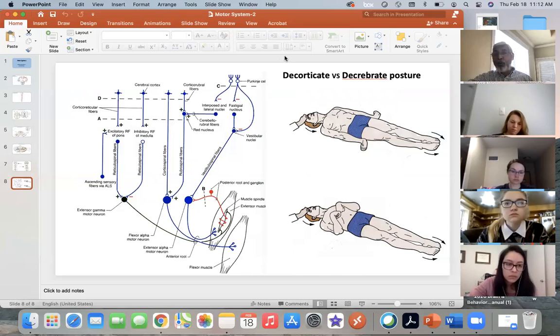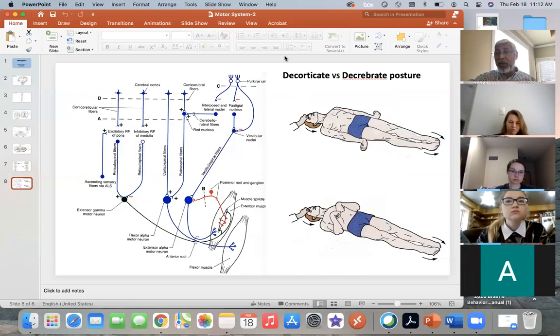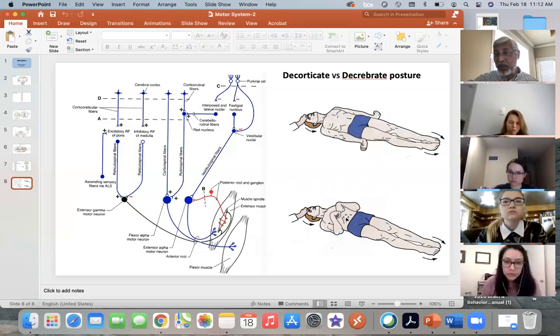Now there are two terms you will hear more in neuroscience. We are talking about posture, right? You will hear decerebrate posture and decorticate posture. Of these two, this one is called decerebrate posturing, and this one is called decorticate posturing.